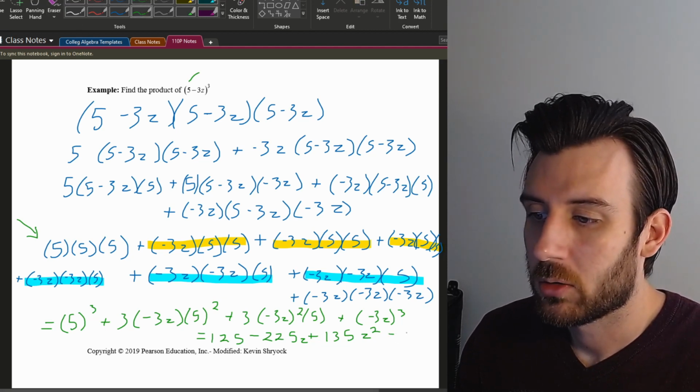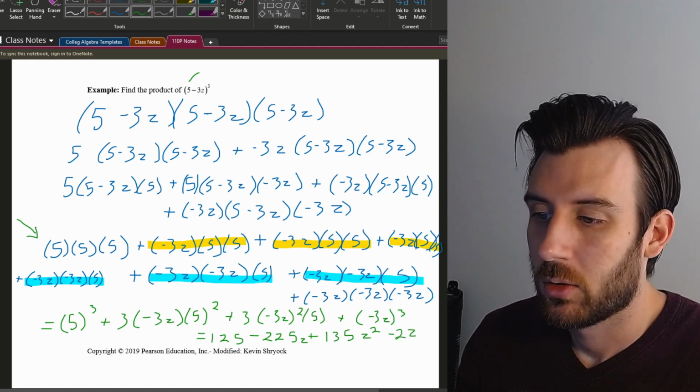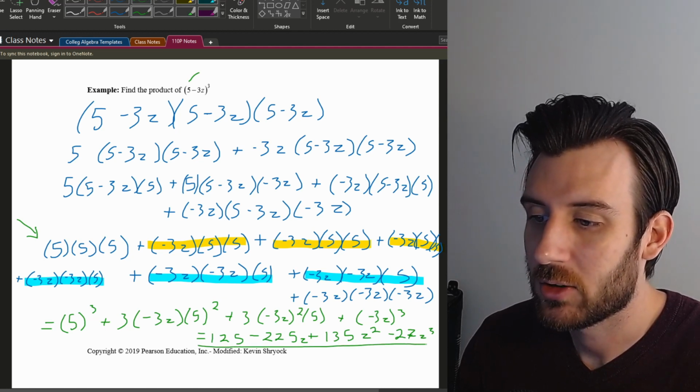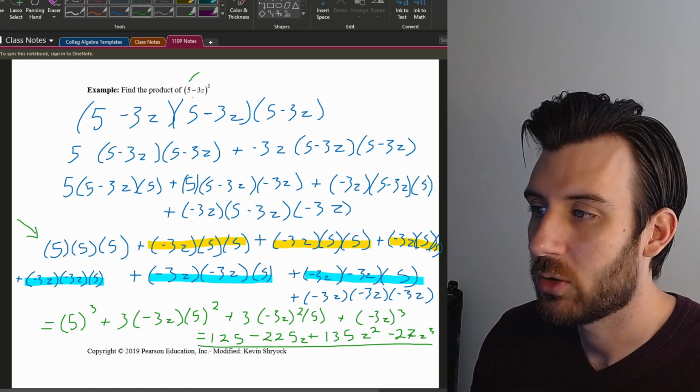27z cubed, there we go. Much more importantly than getting a specific problem right is figuring out how we could do a general problem in the future.